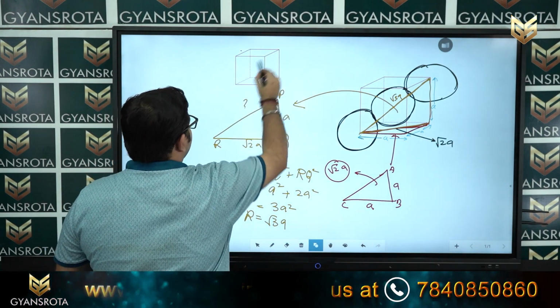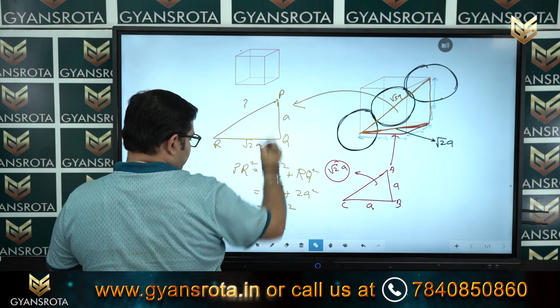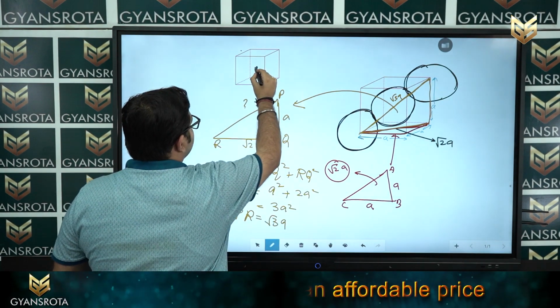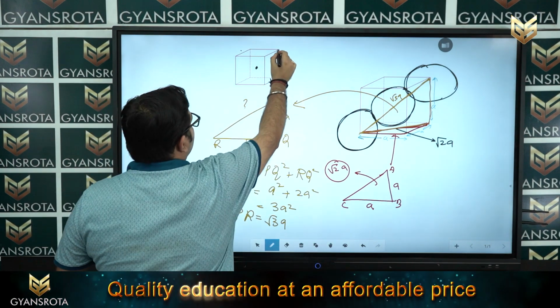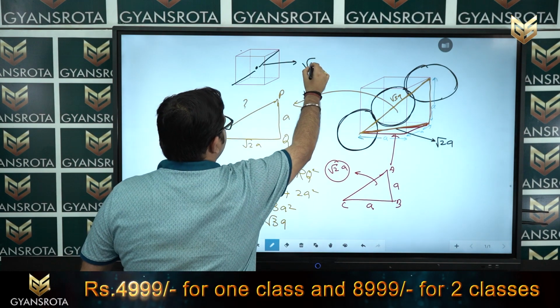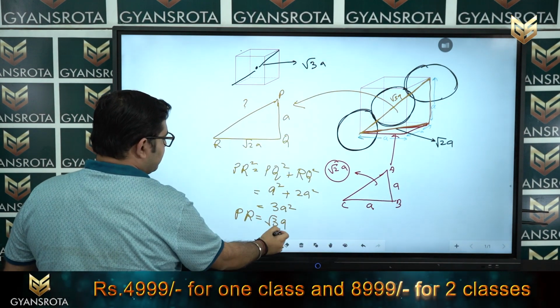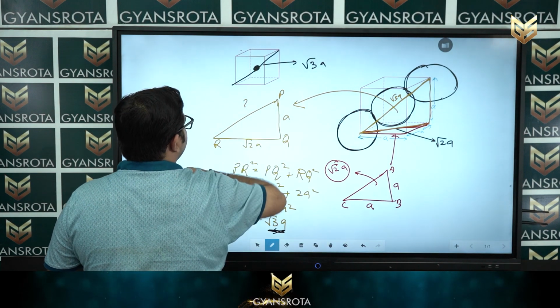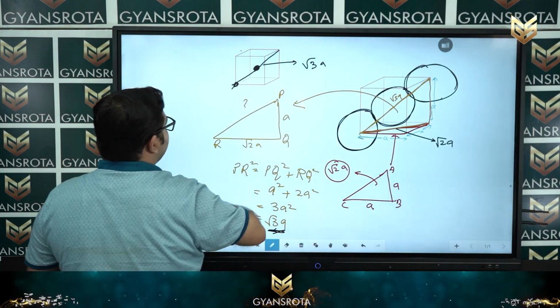If you see here, your BCC, that is your body centered atom, is present here, and this whole value is given as root 3a. We found out how it comes as root 3a, and one atom is present here and another atom is present here.